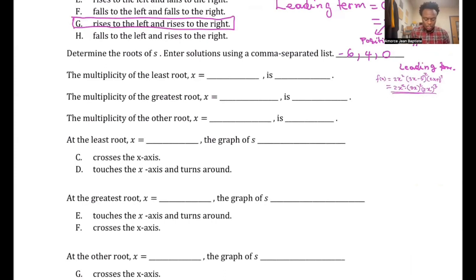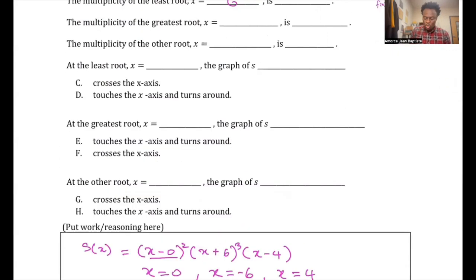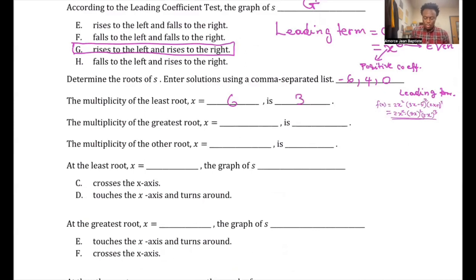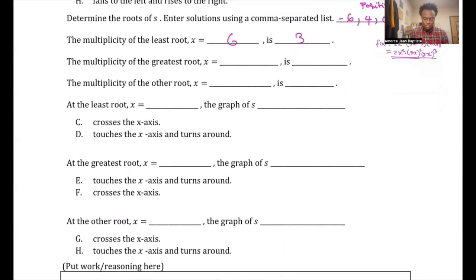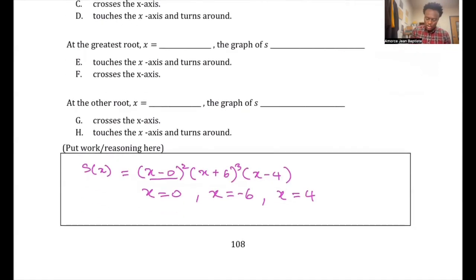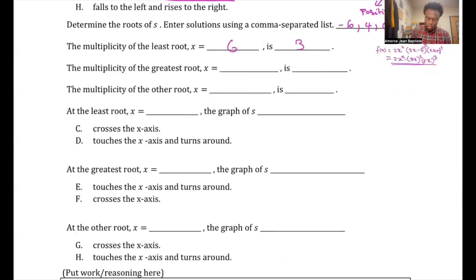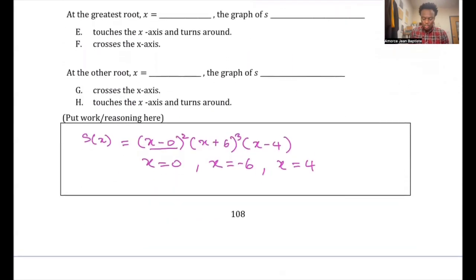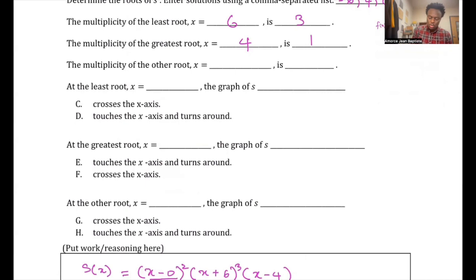Now we can answer those questions. They say the multiplicity of the least root, which is -6, is, what was it? Well, it was 3. The multiplicity of the greatest root, which was 4, was 1. And the multiplicity of the other one, which is 0, was 2.